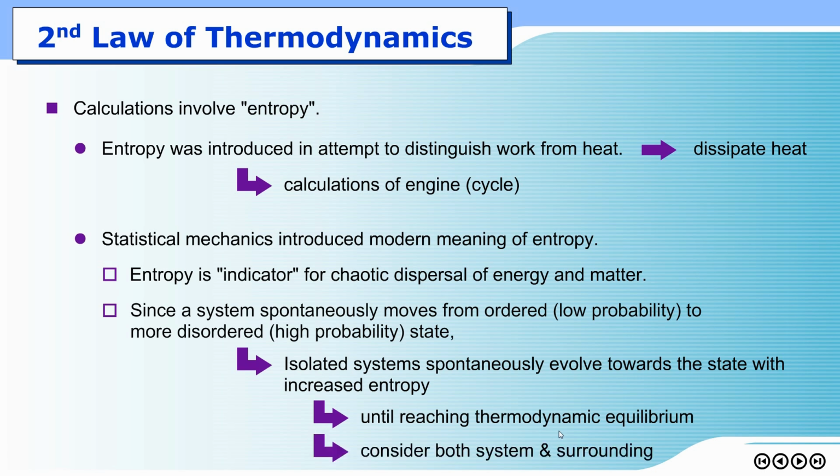But for the consideration of change in thermodynamics, we have to consider entropy change for both system and surrounding. We cannot consider system only as what we did in the first law anymore. If you recall, in the first law, the delta U that we consider is a delta U of the system only.